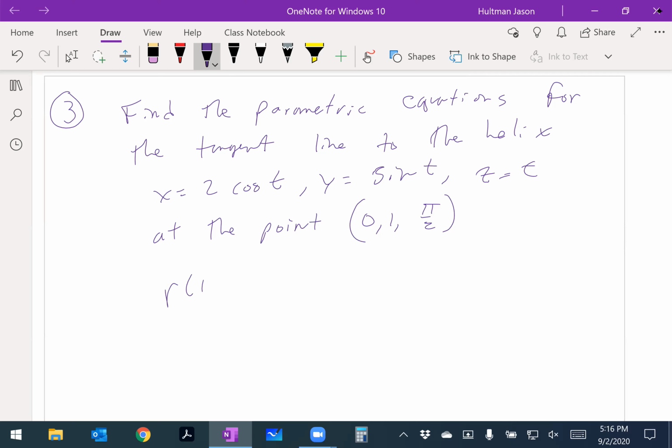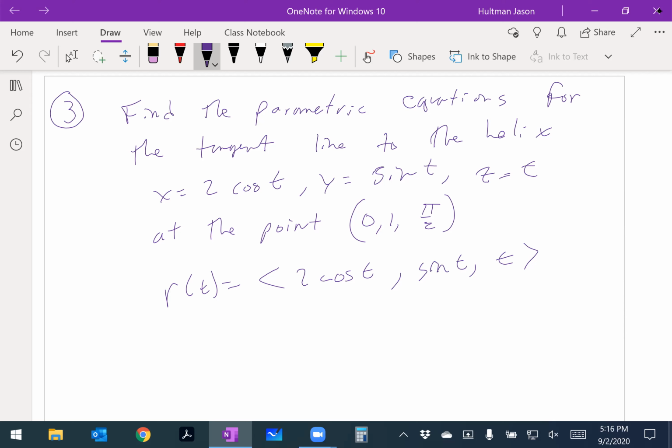Okay, so what's r of t? r of t is this guy here. It's 2 cosine t, sine t, and t, right? So we want to find the parametric equations for the tangent line to the helix at this point when t is equal to something. I don't know what t is going to be equal to. We know that x is equal to 0.